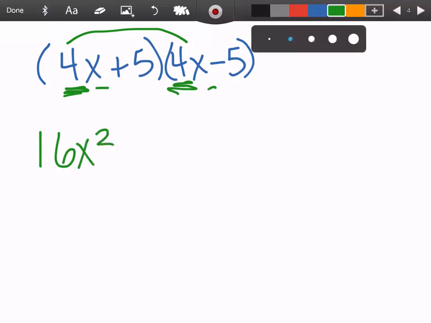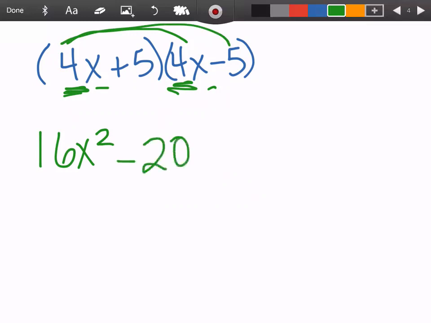Then we keep distributing, so we take 4x times negative 5. That gives us a negative 20x, because again, you have to take the 4 times the negative 5.